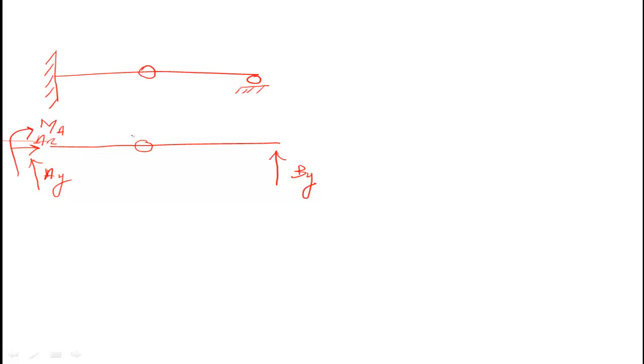For the first part, which is AB, we have to see how many support reactions it has, and how many support reactions the BC segment has.